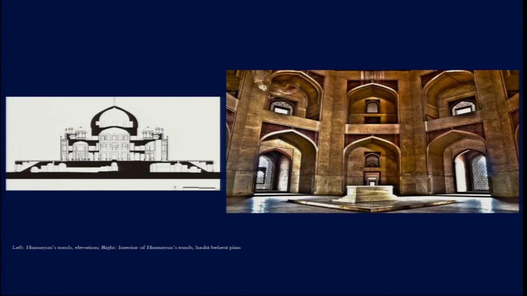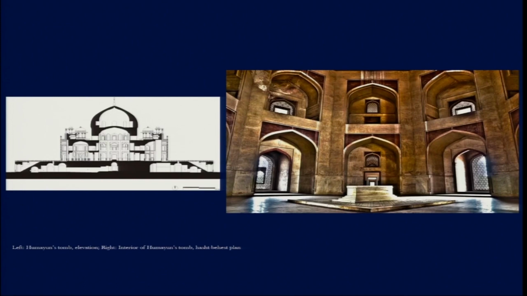Now this octagonal plan also has much relevance in the Islamic belief, because it is believed that the seat of God or Allah is also octagonal, and also the fabled throne of King Solomon was considered to be octagonal, and that is the reason this octagonal shape is replicated in many architectural forms.